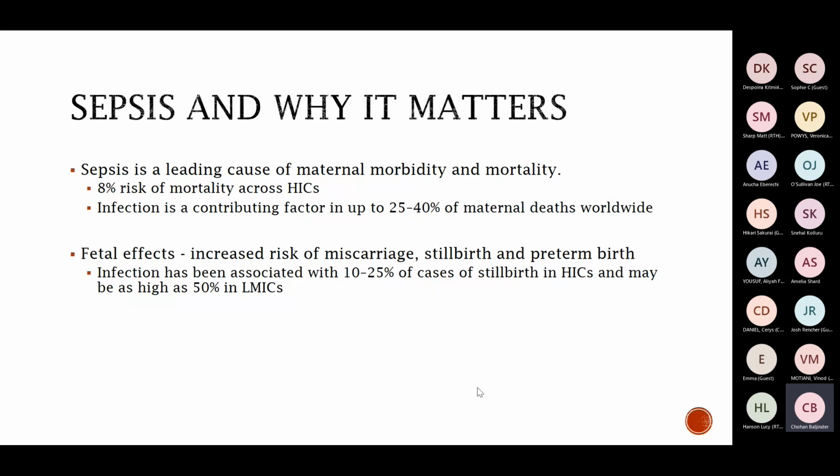To put it into perspective, up to a quarter of cases of stillbirth in high-income countries can be associated with infection. A lot of that is to do with preterm SROM and chorioamnionitis, and that's higher in low-income countries, up to 50%. Some of that is associated with abortions, especially later abortions. So it's obviously important, not only in the UK but worldwide as well.